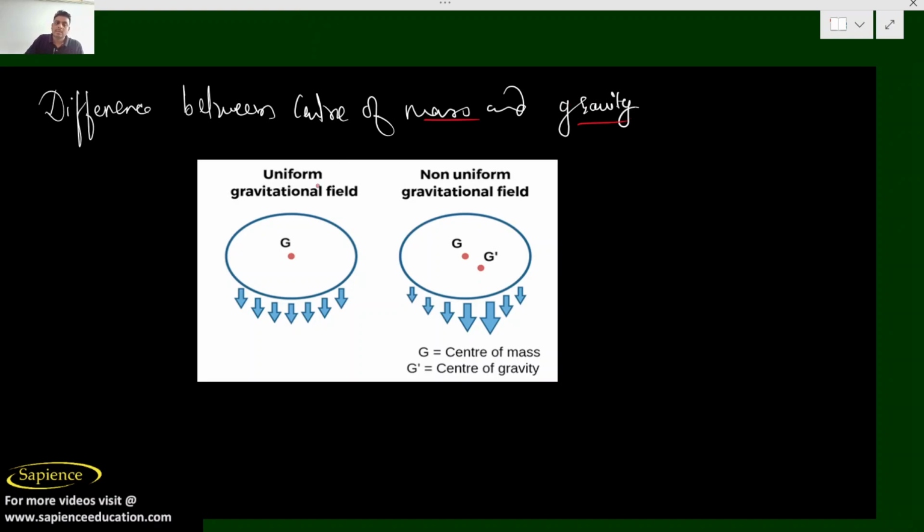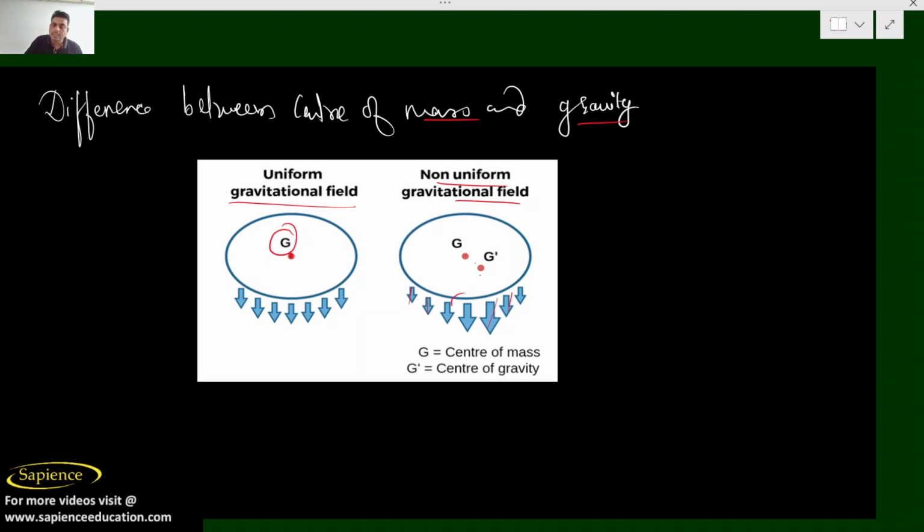See here, if the gravitational field is uniform, there is a center point and that is known as the center of mass as well as the center of gravity. But if the gravitational field, for example Earth's gravity, is not uniform, somewhere it is less, somewhere it is more, then the center of gravity will shift toward the stronger gravitational field.